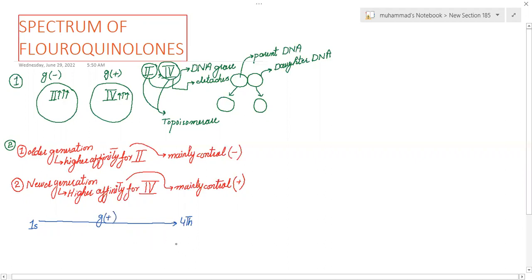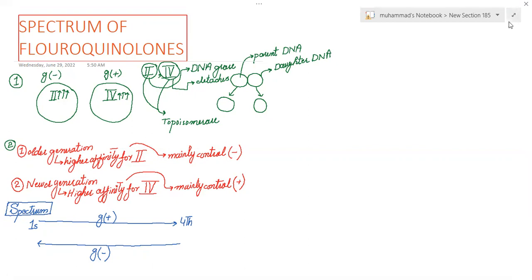And if we move from fourth to first generation, the activity against gram-negative increases. So this is the spectrum of fluoroquinolones.